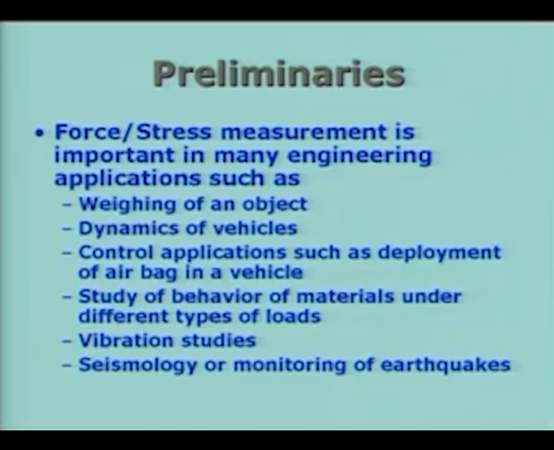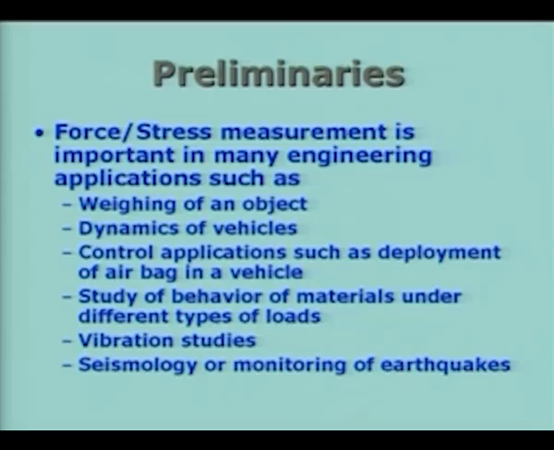There may be control applications. For example, in the case of an automobile, for the safety of the passengers we have airbag system. The airbag is supposed to deploy as soon as there is an indication that there is likelihood of a collision, or a collision has taken place, and the collision has to be actually sensed by a sensing element, and that sensing is done by measuring the force an element is subjected to, and if this force is more than certain value the airbag will deploy.